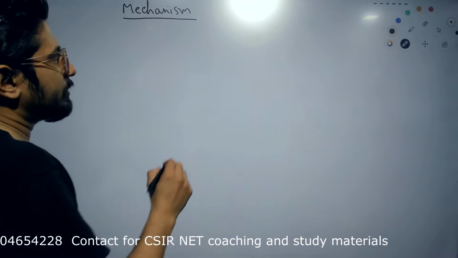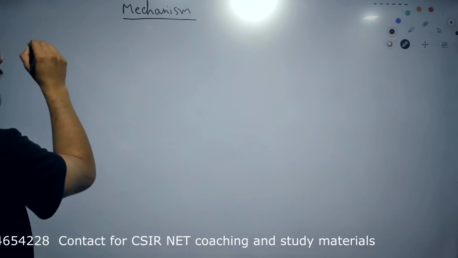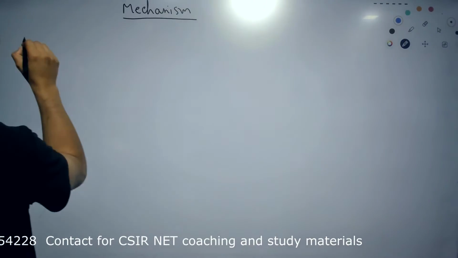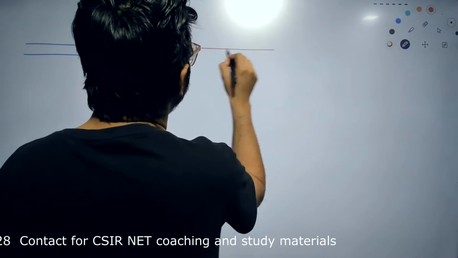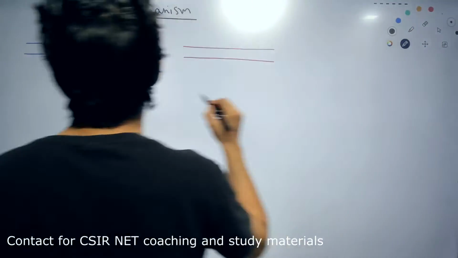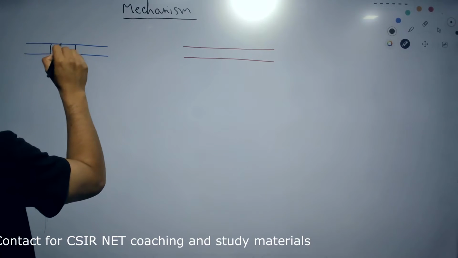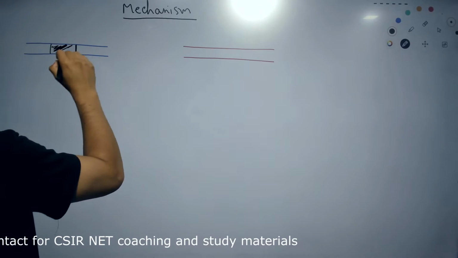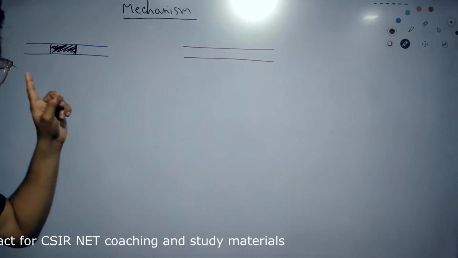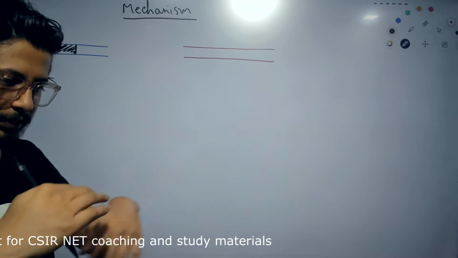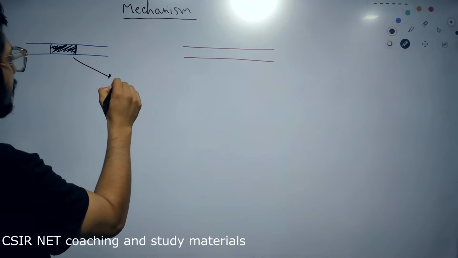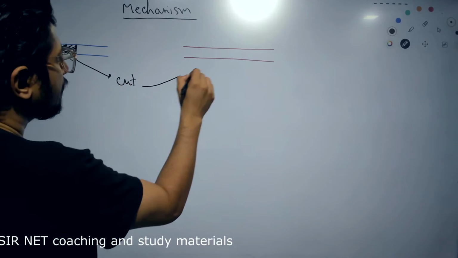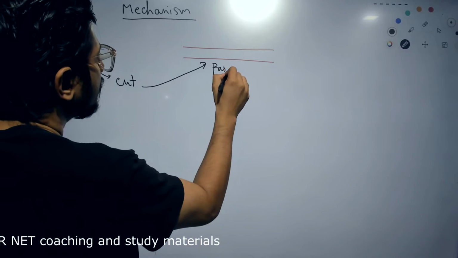Okay, so try to understand one thing, that we have two situations out there. We have an origin and we have a destination, and what we are trying to do is either cut paste or copy paste, it doesn't matter. The segment of the DNA which is involved in the process of transposition, you need to cut it, let's say in the cut paste type, then you need to paste it, right?